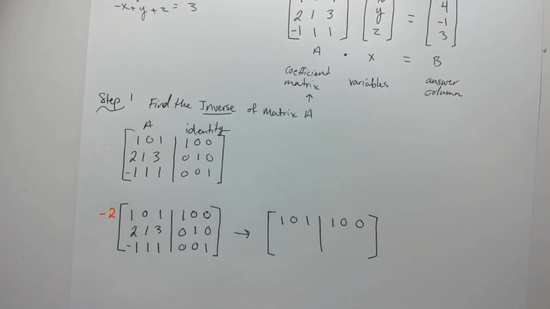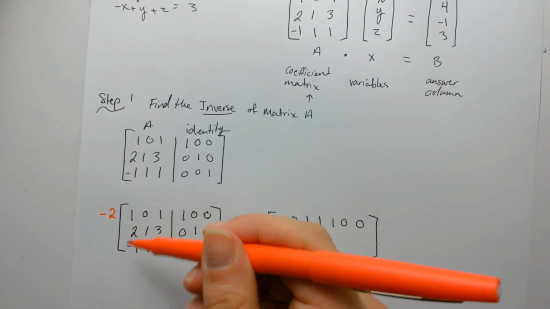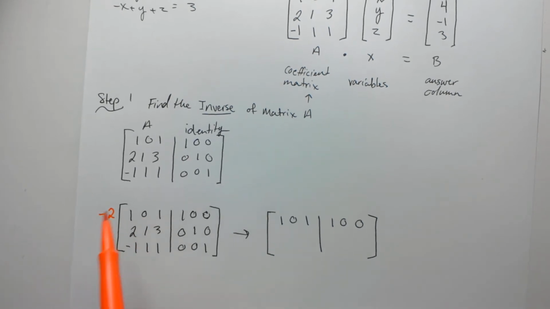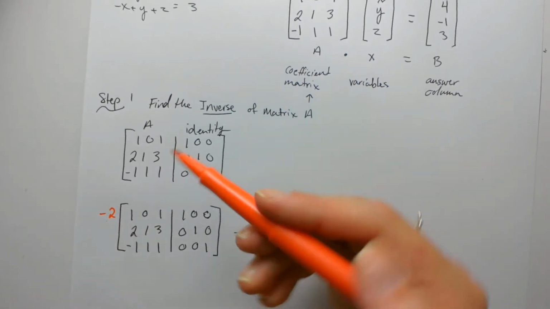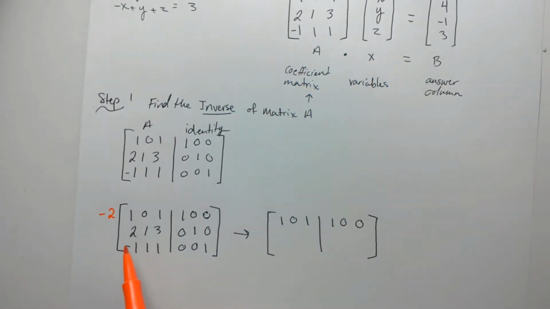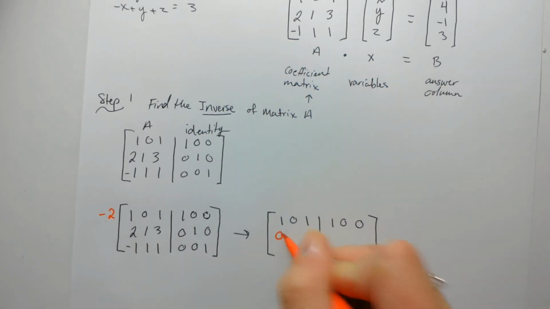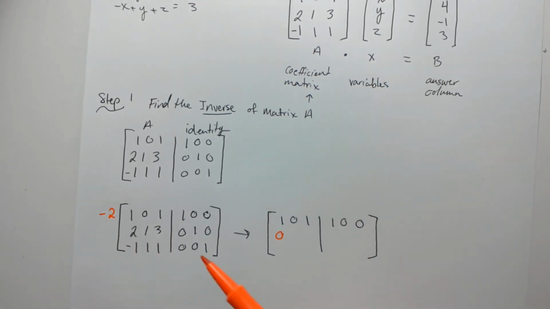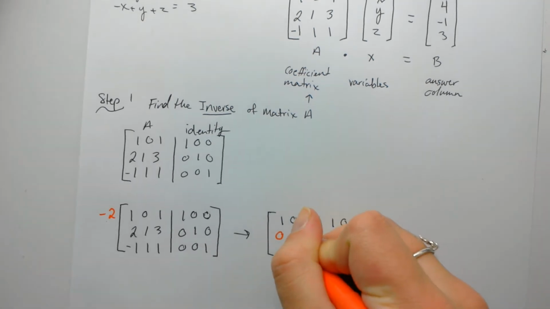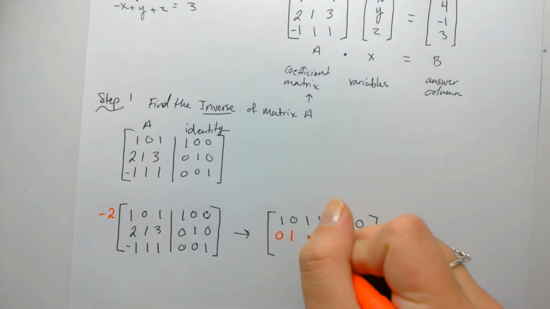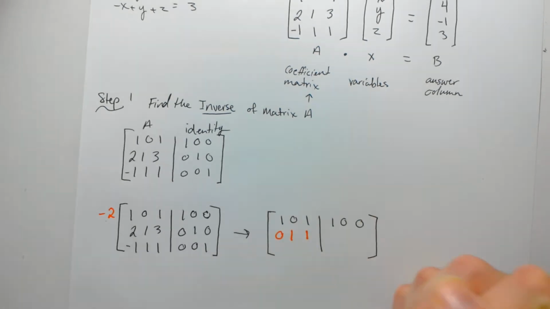So here we're going to have -2 times 1 and then add it to 2, and we're just going to keep doing that. Multiply and then add, multiply and then add. So -2 times 1 is -2, plus 2 gives you 0. Then -2 times 0 gives you 0, so add 0 to 1 and it's 1. -2 times 1 is -2, plus 3 is your +1.